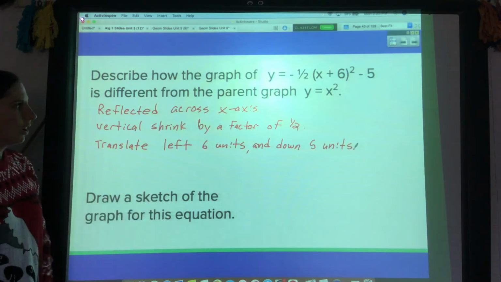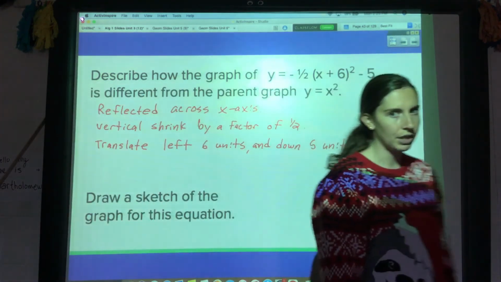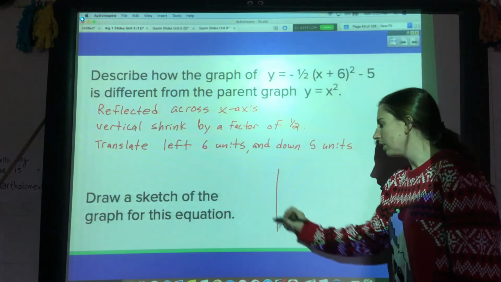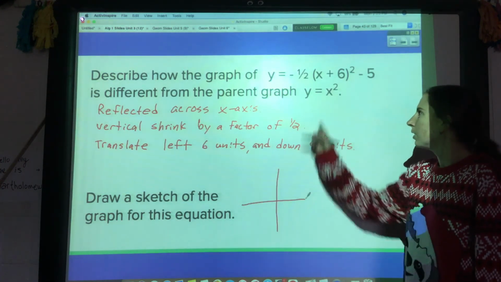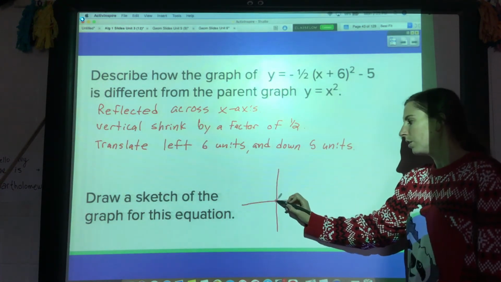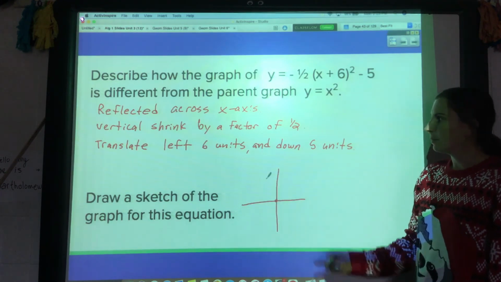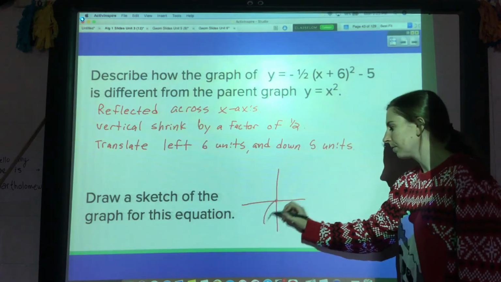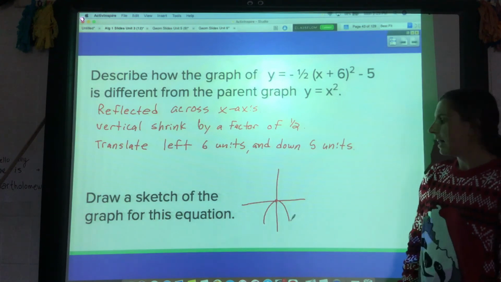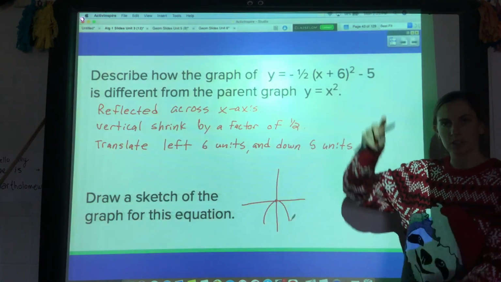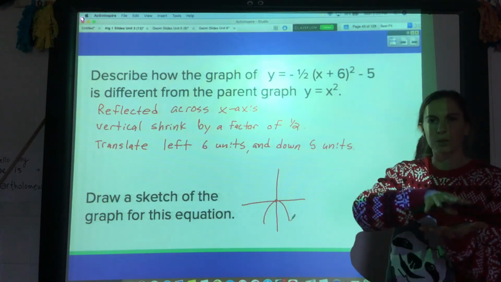If I wanted to draw a sketch of this, I could actually do that very quickly. I know that typically x squared starts at (0, 0) and opens up, except this one got flipped upside down, so it would look like this, and then it vertically shrank, which kind of squashes it and makes it get wider.